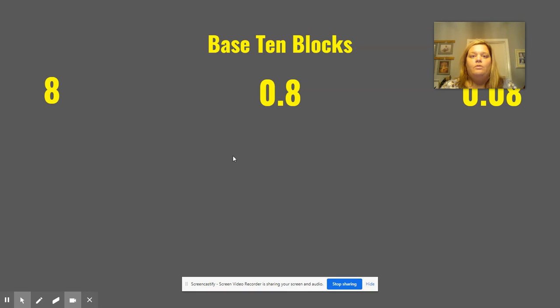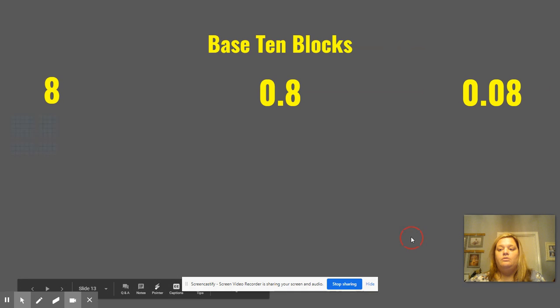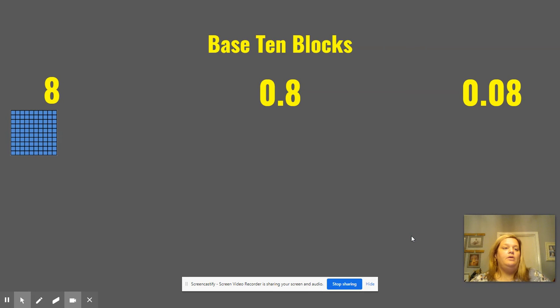Now, just like I said before, you're going to hear them called flats. You have a cube, which is 1,000, a flat, which is 100, which equals 1, and then you have the rods, which are worth 10, and you have the cubes, which are worth hundredths. Okay, so let's look at 8.